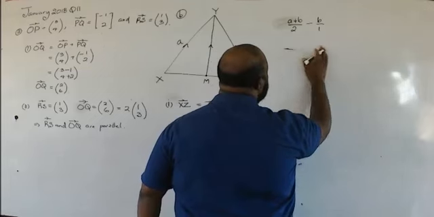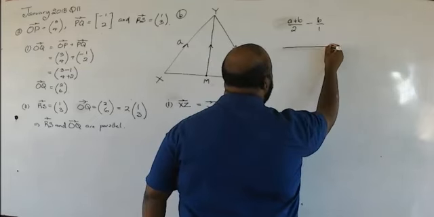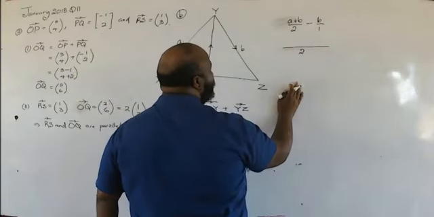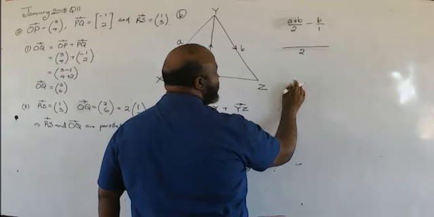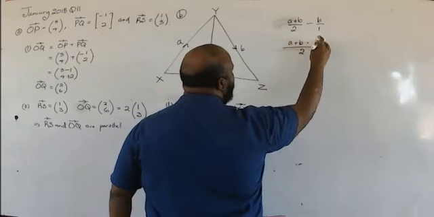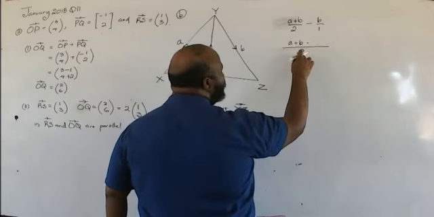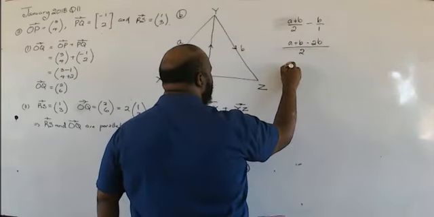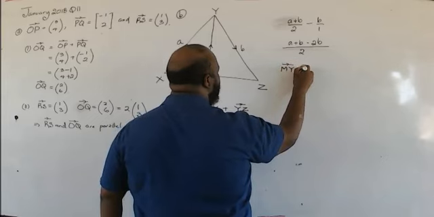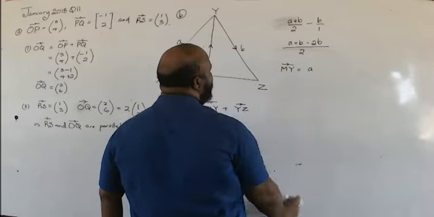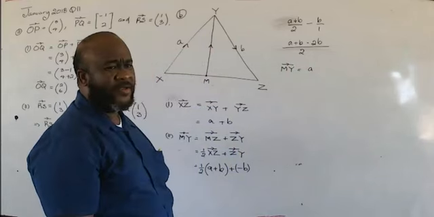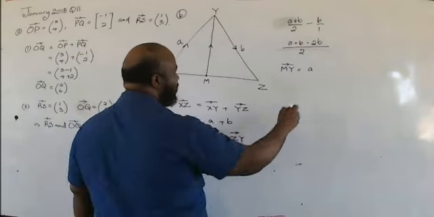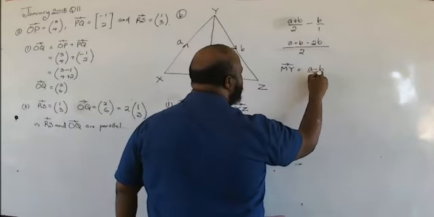If you're adding fractions and your denominators are different, you must find the LCM, which is 2. 2 into 2 is 1, 1 times a plus b is a plus b. 1 into 2 is 1, 2 times b is 2b. So a plus b minus 2b: what is b minus 2b? Minus b. This is minus b over 2.